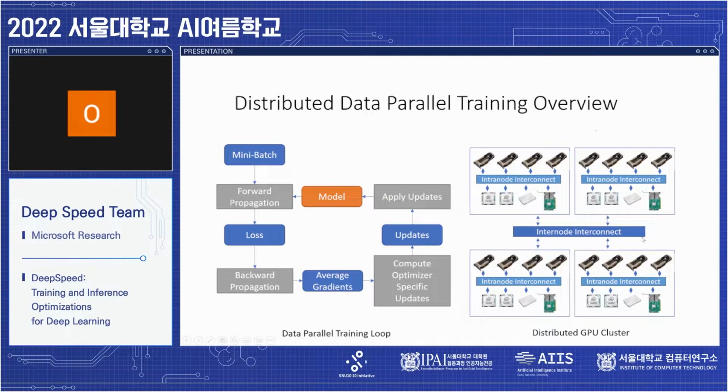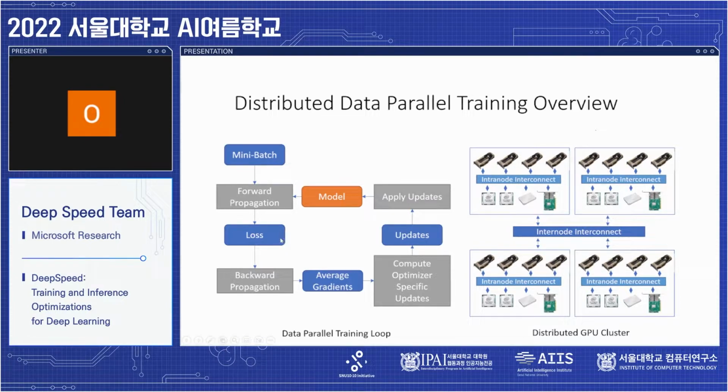So just as a primer, let's think about data parallel training. This is the most basic way that training is done. Here you would have replicas of a model on multiple GPUs. These GPUs could be within a node or across multiple nodes. And each replica runs essentially the algorithm that's shown here on the left-hand side, where it fetches a mini batch and runs a forward propagation to compute a loss on that mini batch.